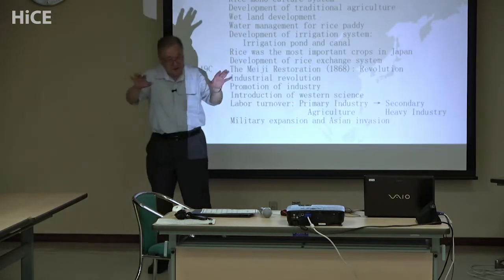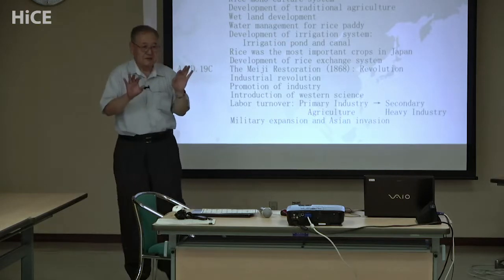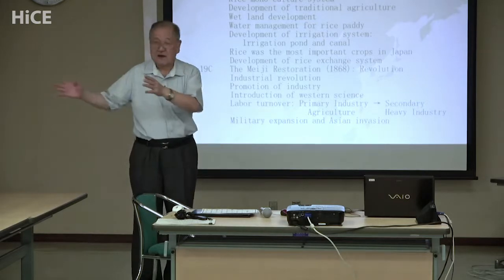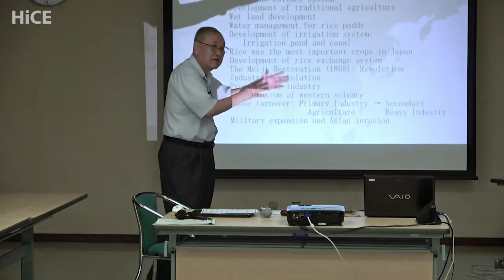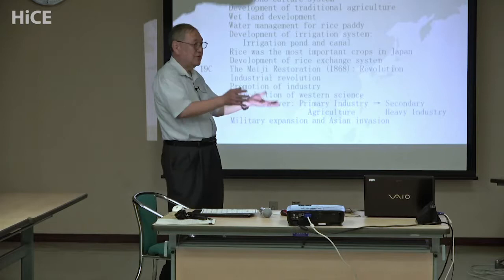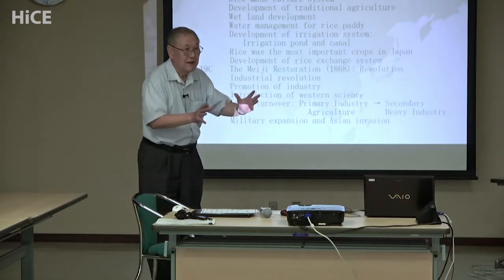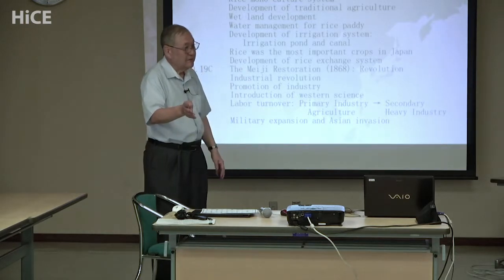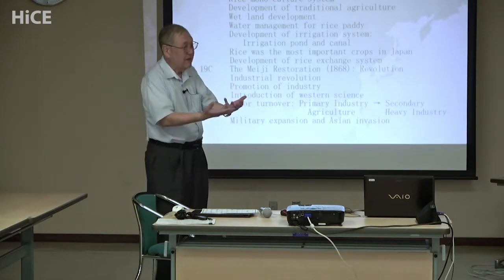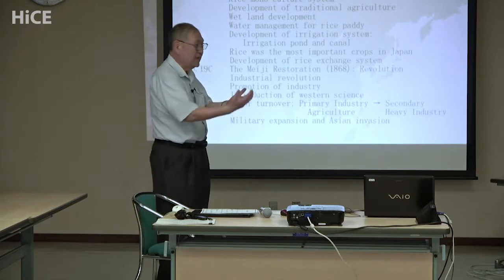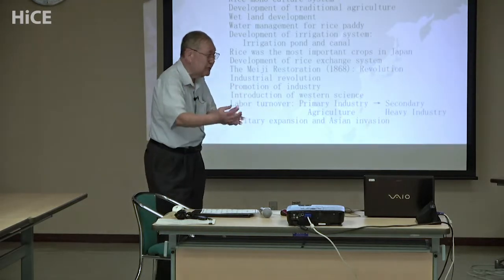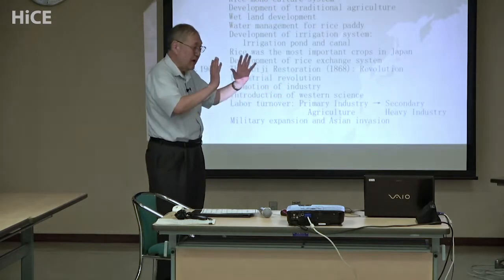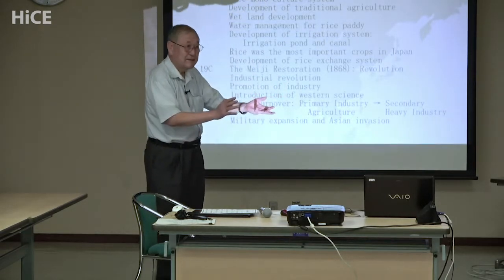Then especially around here, the rain precipitation is not so much. Then near here, so many small ponds to keep the water until the winter. Then in spring, we bring the water using the canal to the paddy and breed the rice.